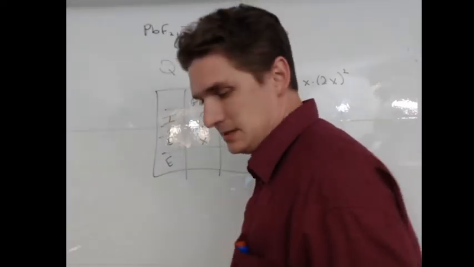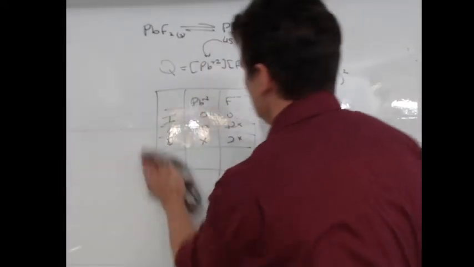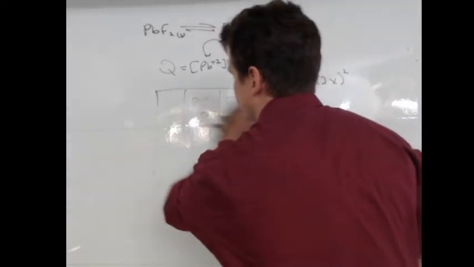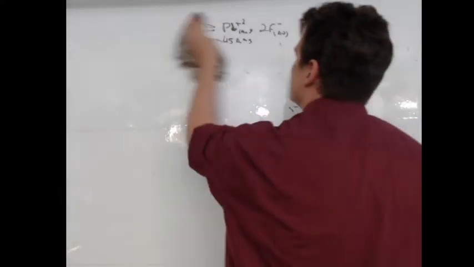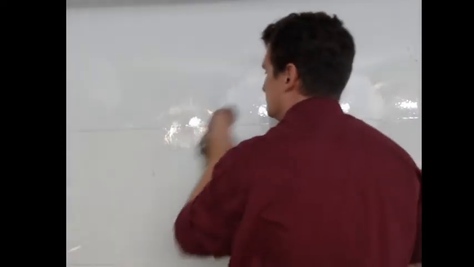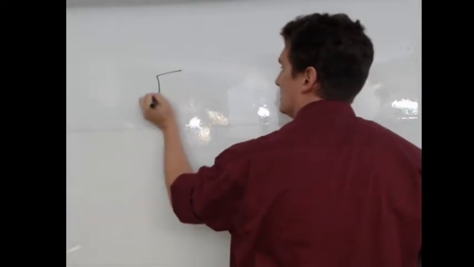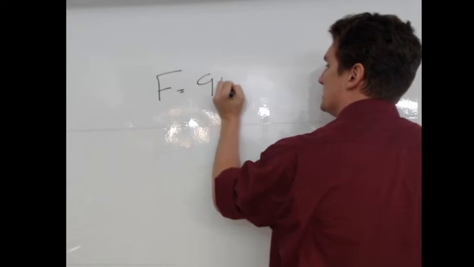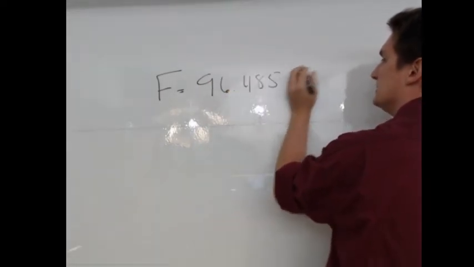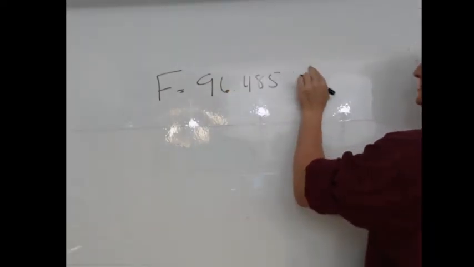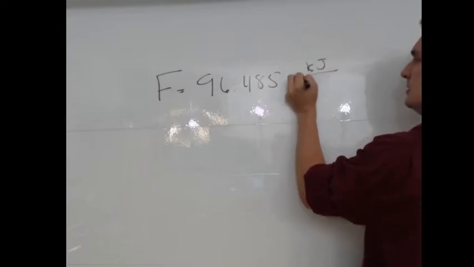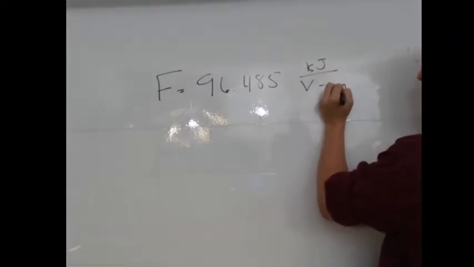So Faraday's constant. F in all its glory is 96.485 kilojoules per volt electron equivalent.